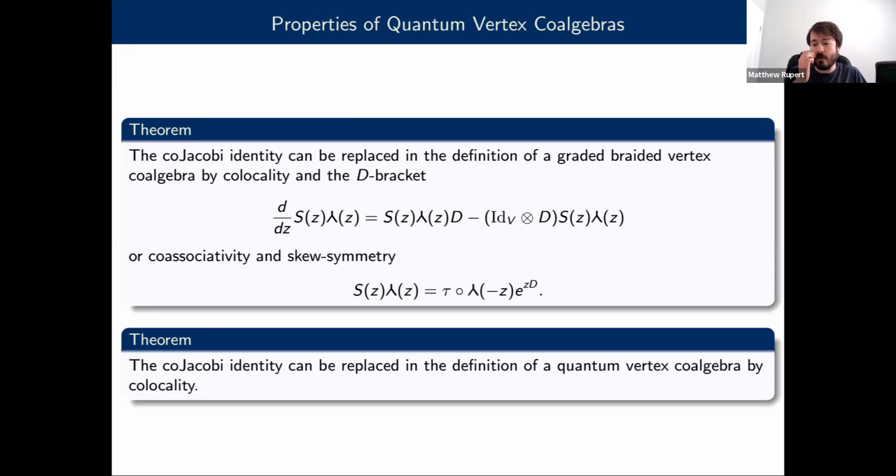If you're a quantum vertex coalgebra, then you can just replace the co-Jacobi identity by these colocality conditions. When I talk about the quantum vertex coalgebra structures on the Yangian, I won't show that they satisfy it, but in our proofs, we show that they satisfy co-associativity and skew symmetry. So we actually use these equivalent characterizations.